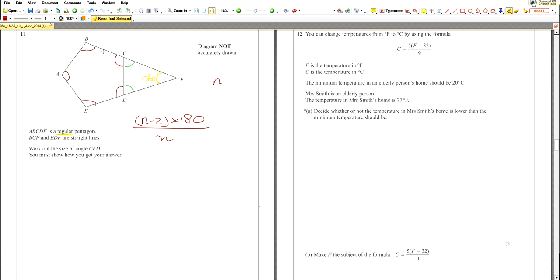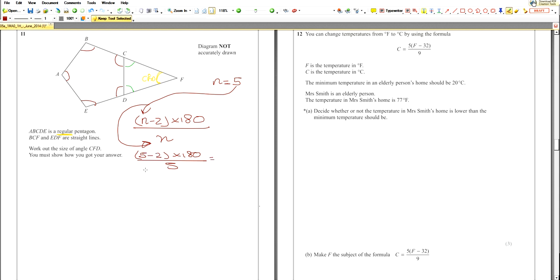How many sides does a regular pentagon have? 5. So n in this instance has a value of 5. So we have to substitute 5 into here and into there as well. So let's put them in now and work it out. So we have 5 minus 2 times by 180, and then we have to divide it all by 5.